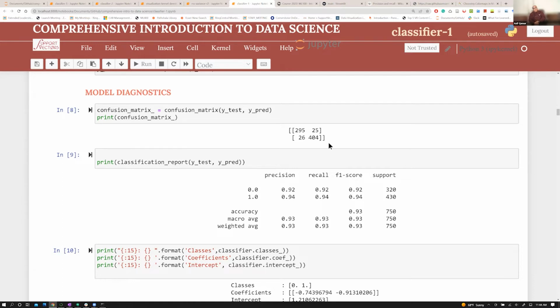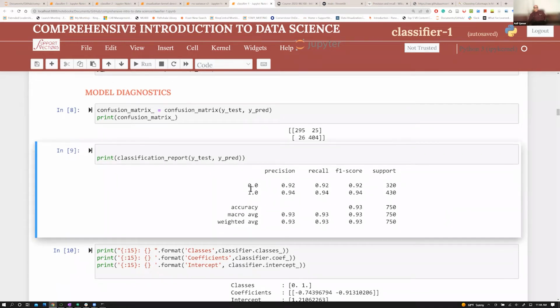So what we have here is precision and recall for each of the classes. The precision and recall in this case are pretty high. Now I'll introduce you to a new concept called F1 score. F1 score is a balance, for a situation in which you don't particularly want to emphasize precision or recall separately.